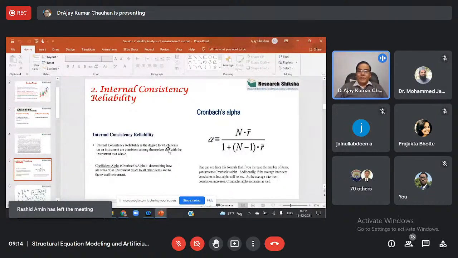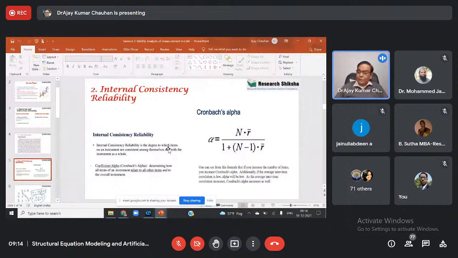So whenever the number of statements in a factor increases, the Cronbach alpha has a tendency to increase. And second, if the average correlation is high, it means the alpha will also be high.